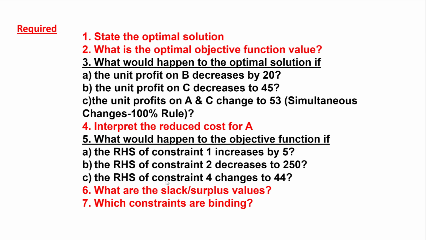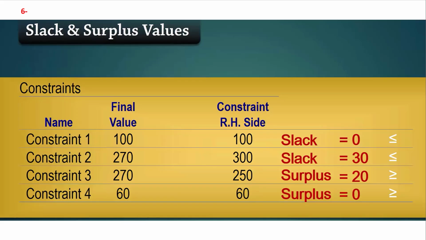And the last requirements. 6. What are the slack and surplus values? And 7. Which constraints are binding? We see in table 2 in the Solver solution, constraint 1, the final value is 100 and the right hand side is 100, so there is no slack; the slack is equal to 0.